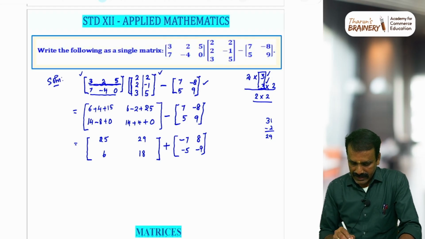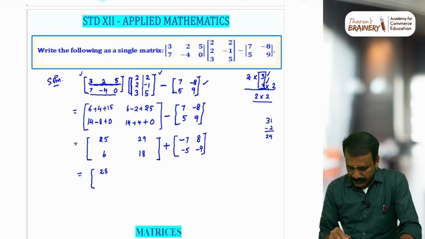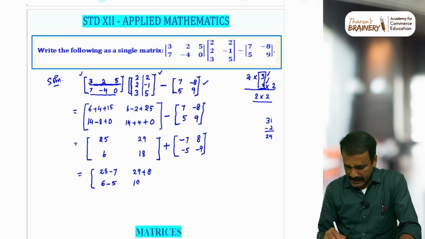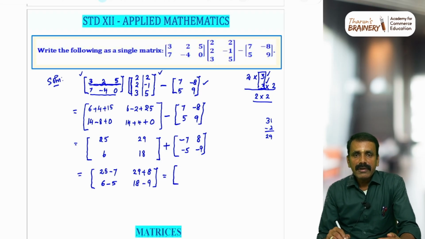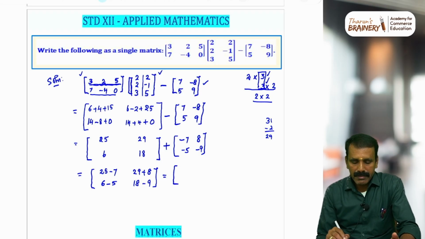We can add. How to add? Corresponding element will be added. So it is 25 minus 7, 29 plus 8, 6 plus of minus 5. So it is 6 minus 5, 18 plus of minus 9. So it is going to be 18 minus 9. 25 minus 7, the elements are going to have different symbols. So we subtract the smaller one from the bigger one.